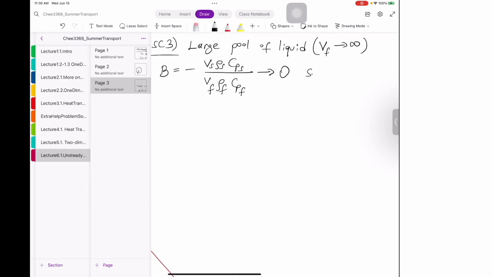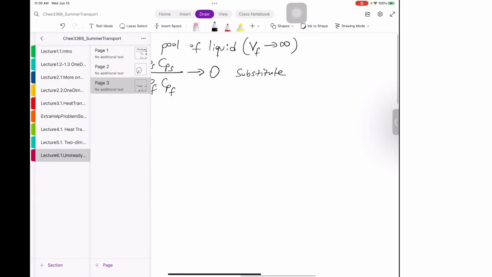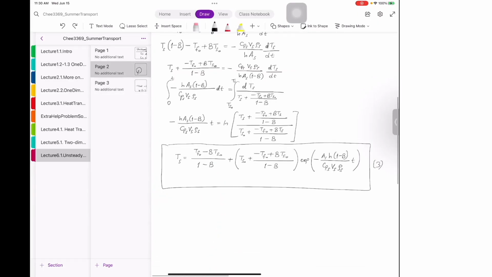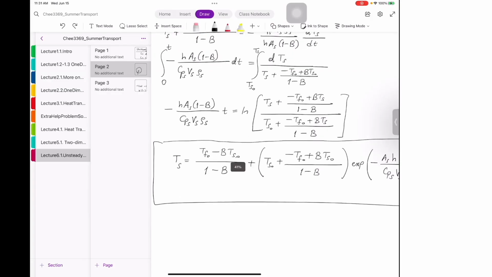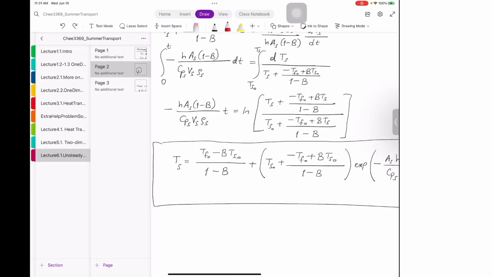Let's substitute B is equal to 0 in equation 3. Equation 3 was our solution, this one, right? Let's substitute B is equal to 0. And we find that if B is 0, then you get Tf0 in this term. This would be Tf0.